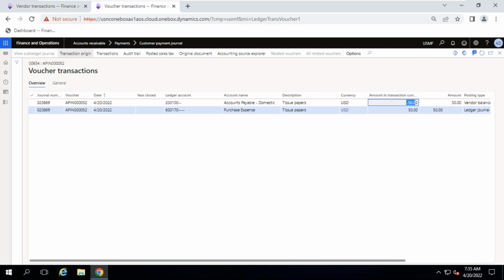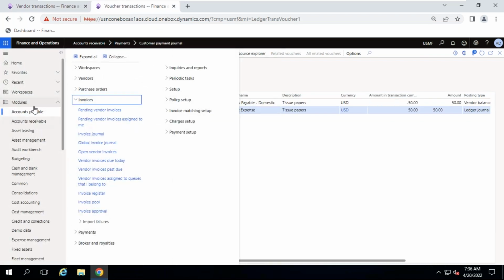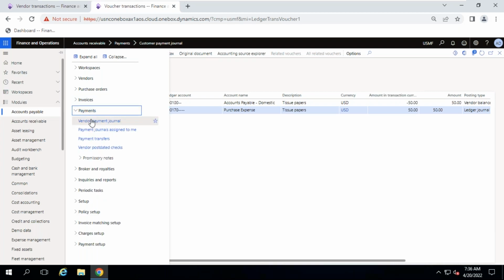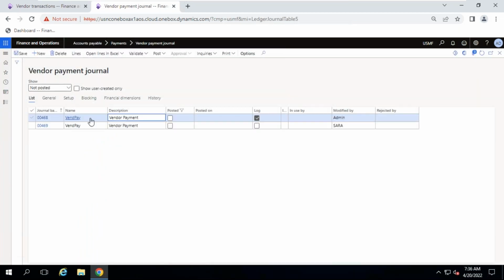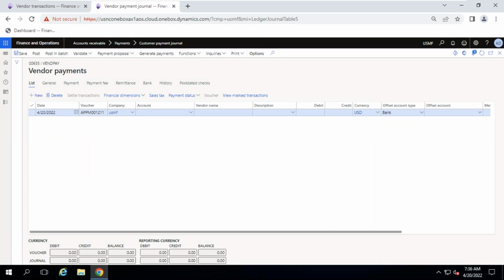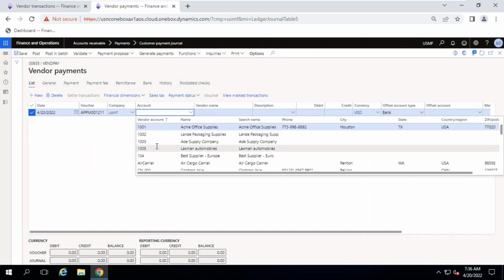Next, if you do a vendor payment, it means you are paying money to the vendor. Click on new, select the vendor payment, go to lines, select the vendor which you have created just now.